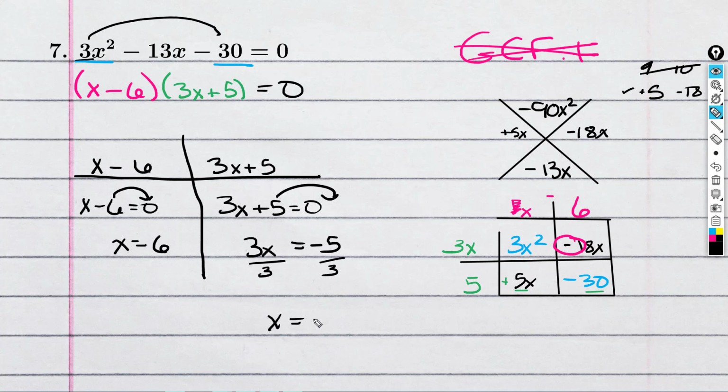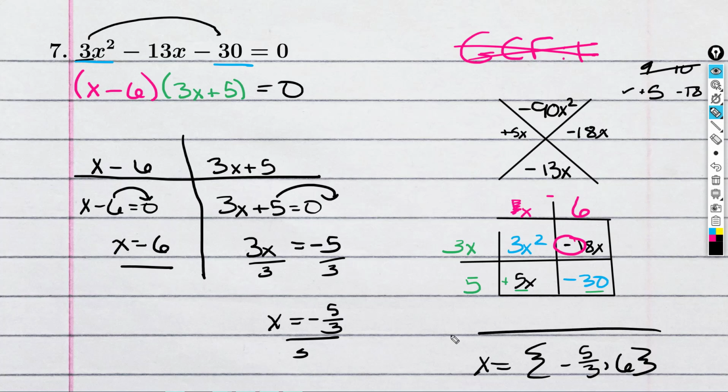And x is equal to a negative 5/3. So these are my two numbers. This is my smaller number. So x is equal to the set negative 5/3, comma 6. And so we have to think about whenever that a is not 1, what else we need to do.